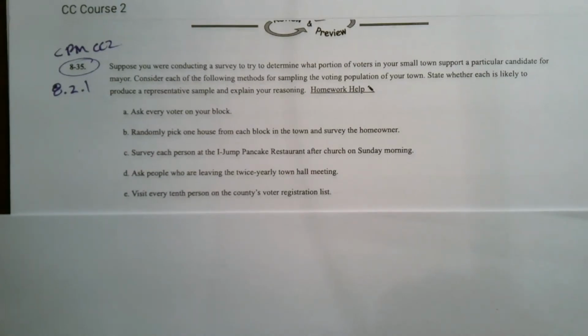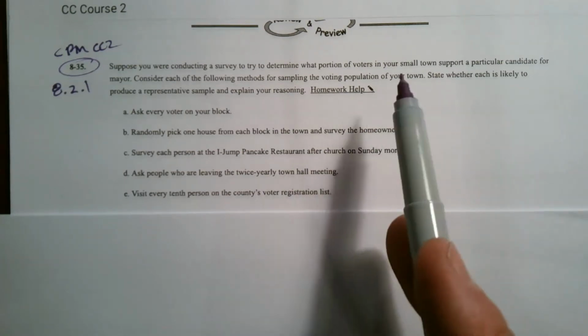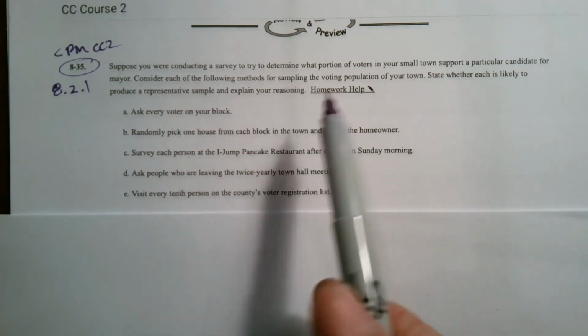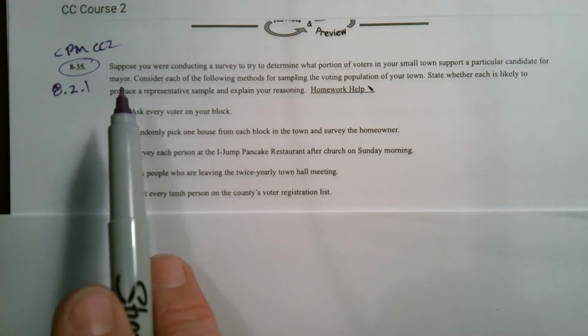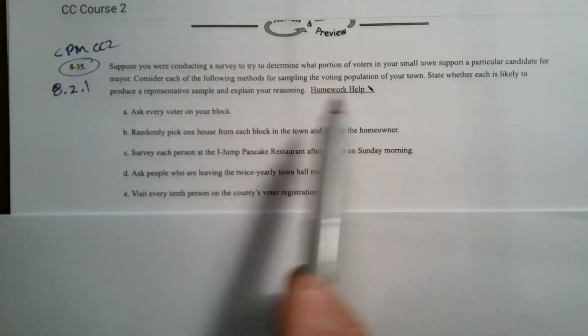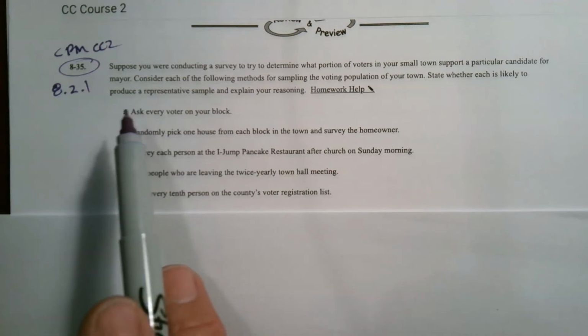So I want to determine whether each of our samples that are listed, A through E, would represent all voters in my town, right? So I want to represent all voters in our small town to determine whether they support the candidate for mayor.